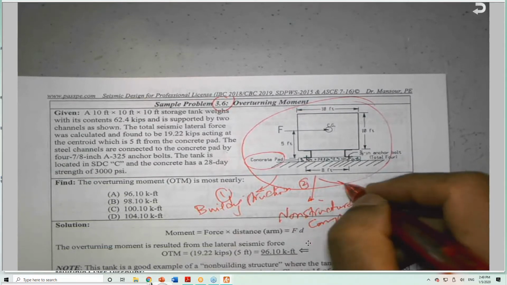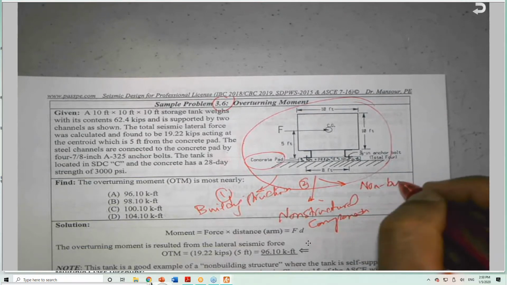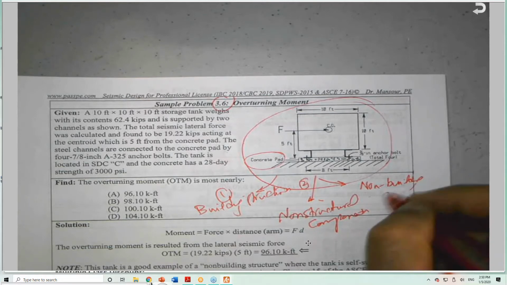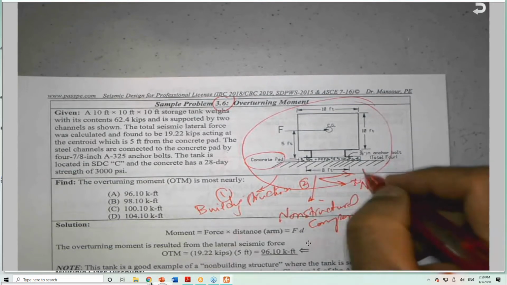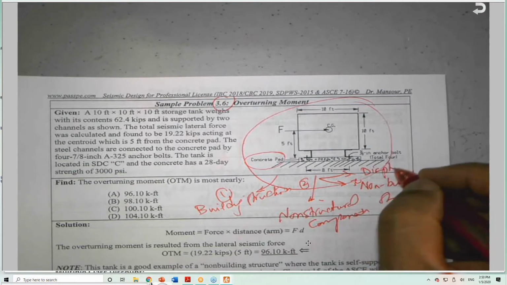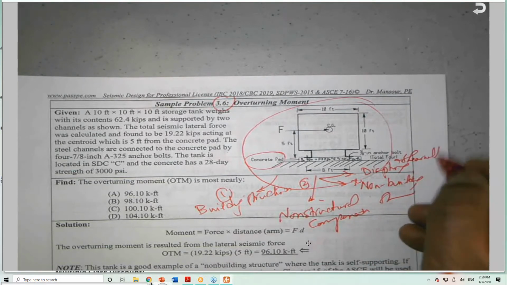Group number 3, non-building structures. And group number 4, as you remember, diaphragms and shear walls. You remember these 4 groups.